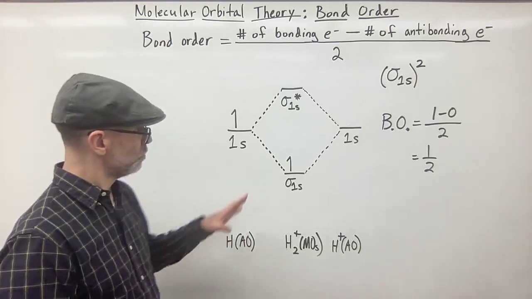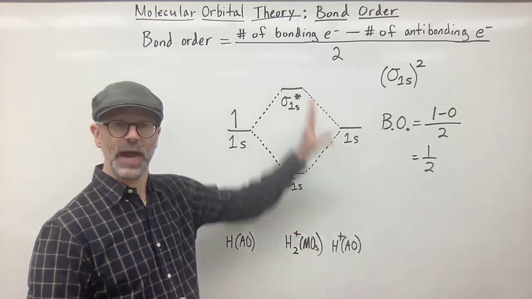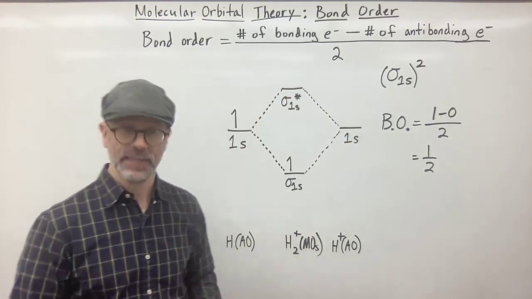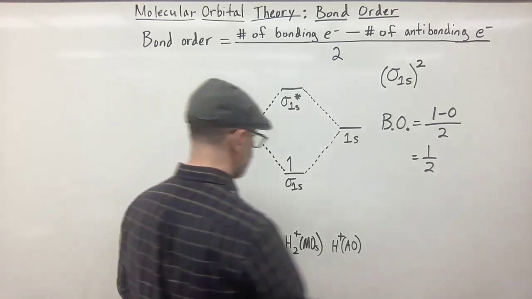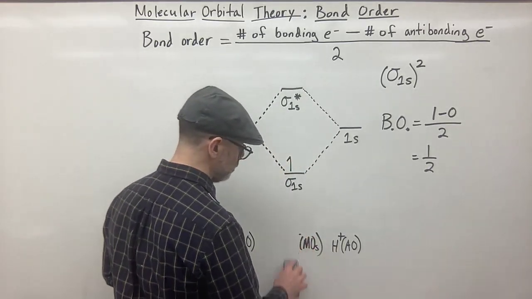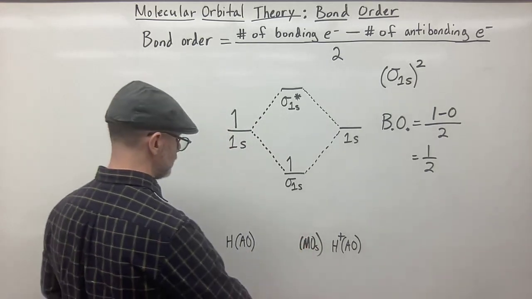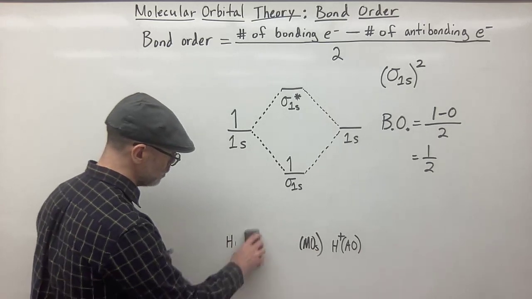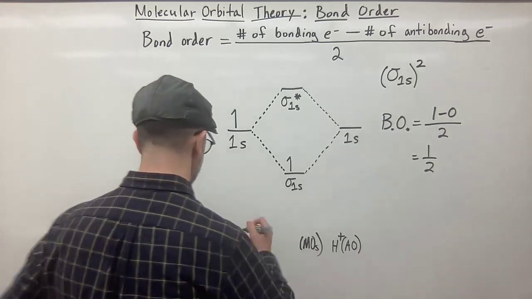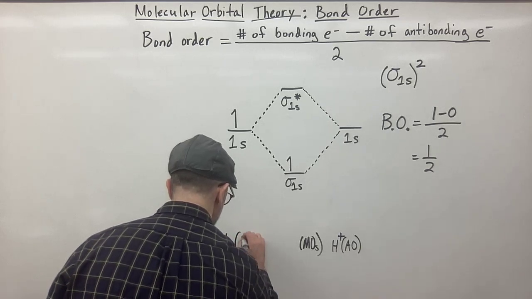And so the bond order that we get from the molecular orbital diagram fits nicely with the data. Now, what about helium? If we do helium, let's do He plus. So instead of hydrogen, we'll do helium.